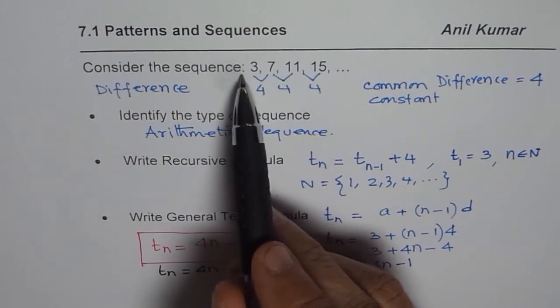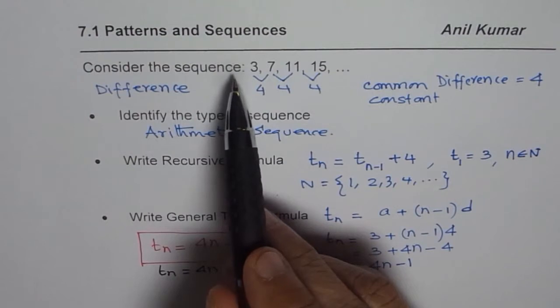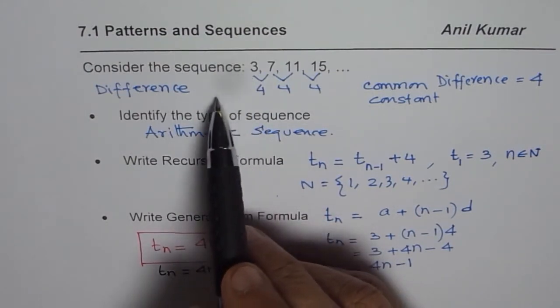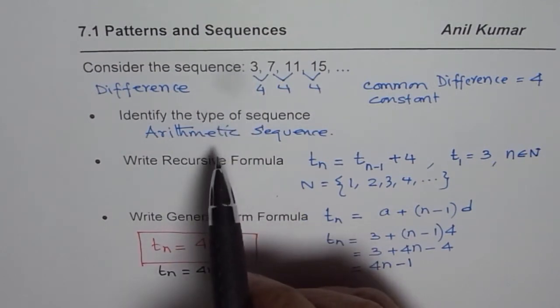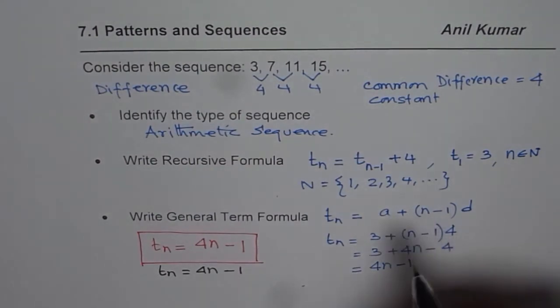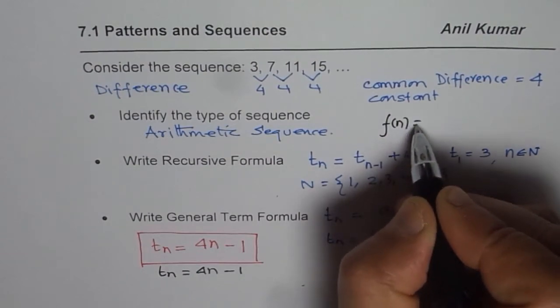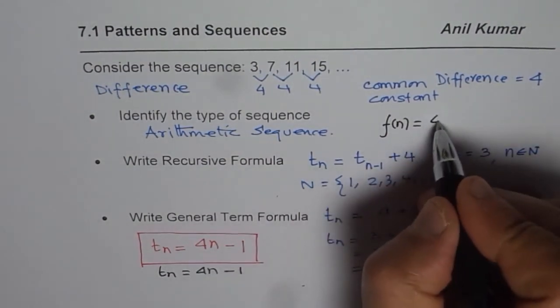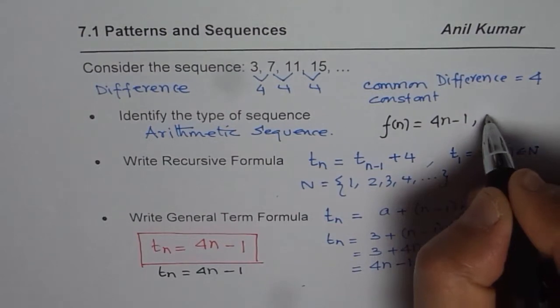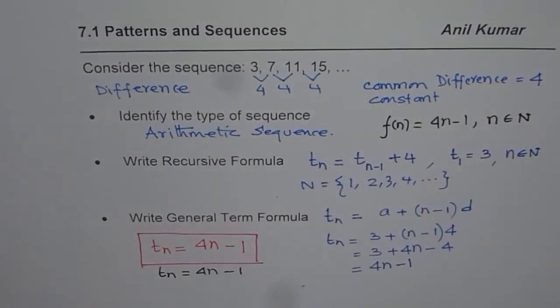I know 0 is not valid, but still, if I take away 4, I get kind of my y-intercept equivalent for a line, which is minus 1. So that also gives you a way of writing formula. So we call it discrete formulas, right? Those could be written in the form of f of n is equal to 4n minus 1, where n belongs to natural numbers. So this is the fourth way of writing your formulas for the same sequence.